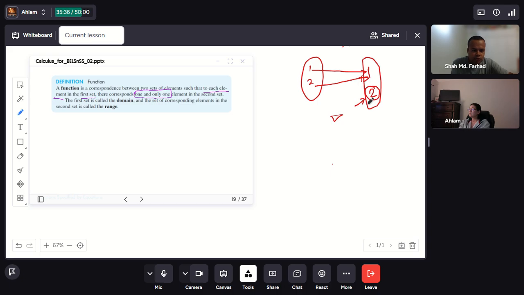This 2 is not hampering the condition, since we are asked that for each element in the first set, there corresponds one and only one element in the second set. So what we learned from here is that there can be extra elements in set B, but it can't happen for set A.